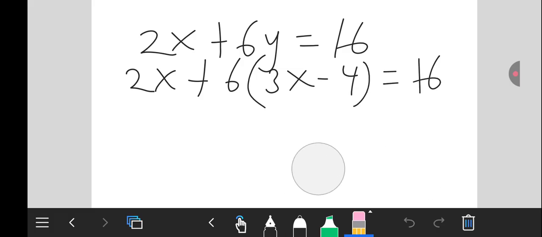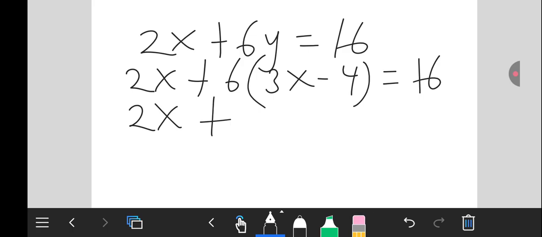Okay, so let's solve now for x. It will be 2x plus, what is 6 times 3x? That is 18x. What is 6 times negative 4?